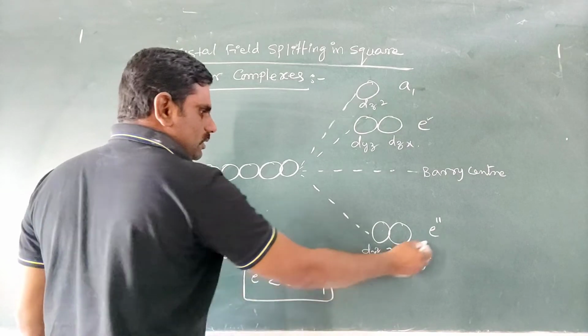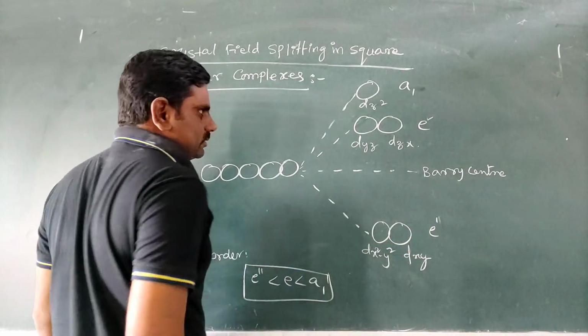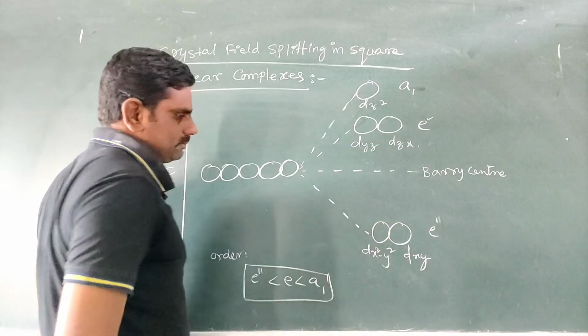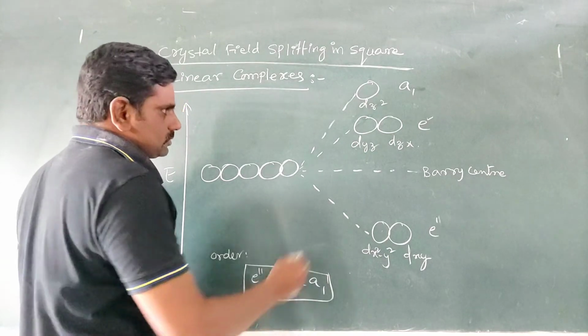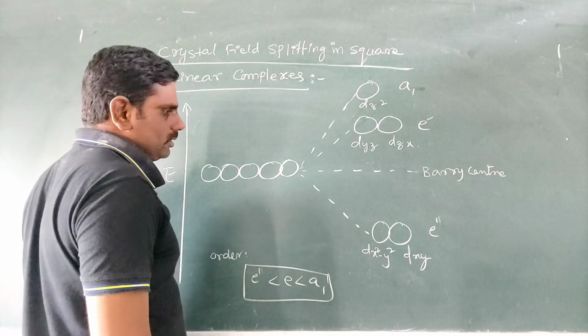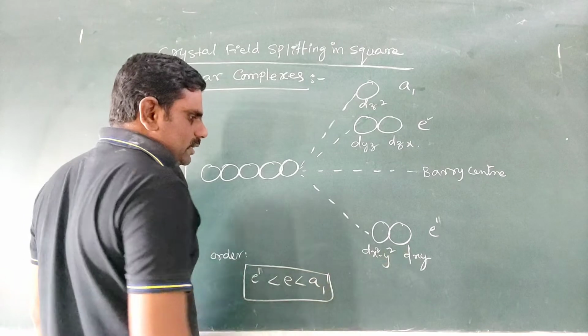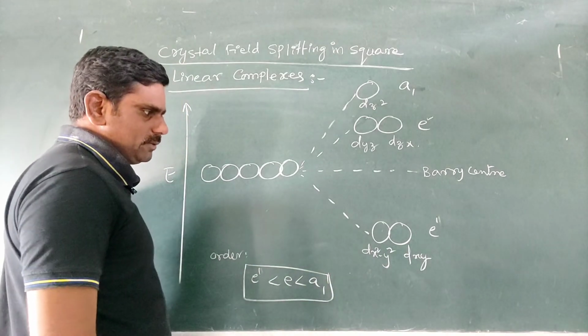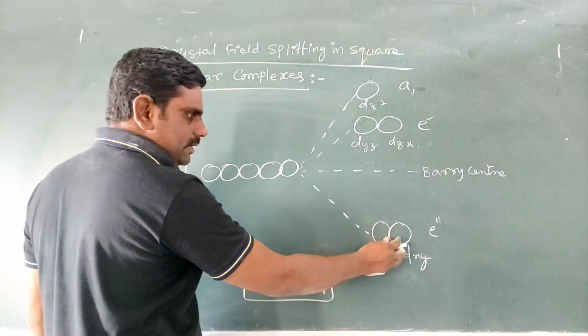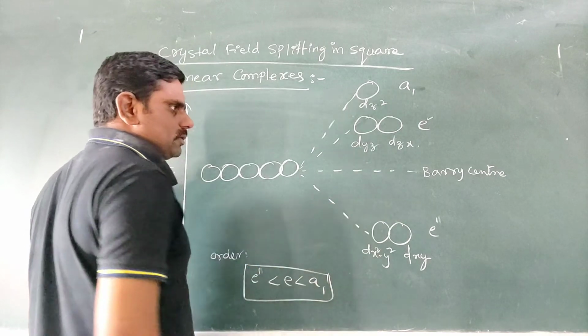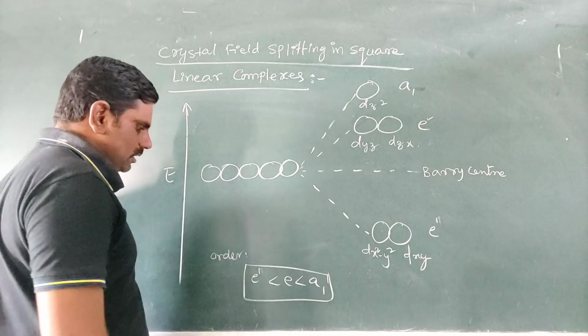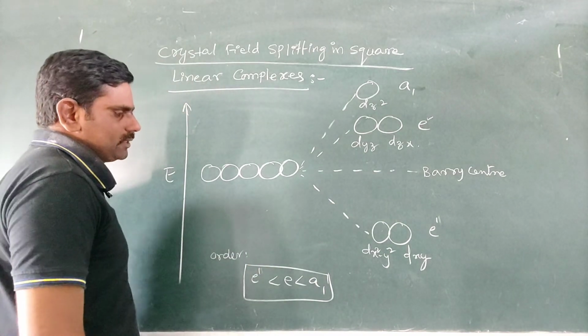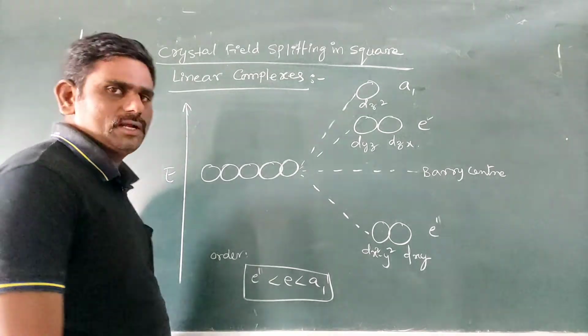Here also, E prime. So irrespective of the orientation of x and y component orbitals, they have the same energy and are below the barycenter. This is the order of energy of orbitals after splitting in linear complex.